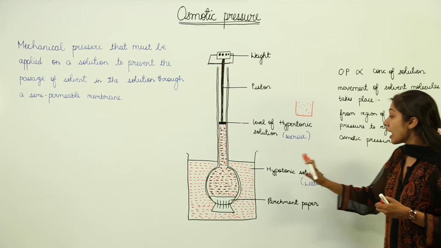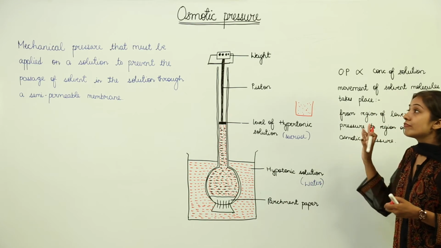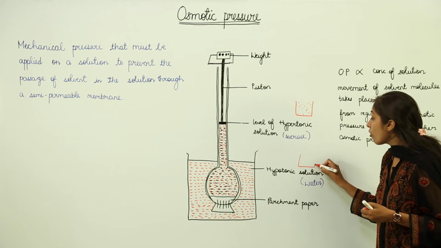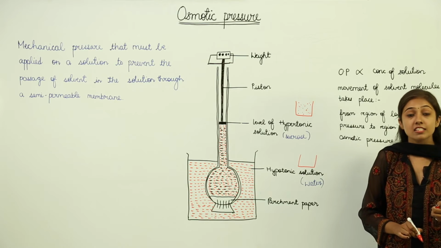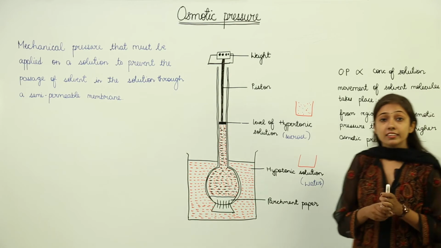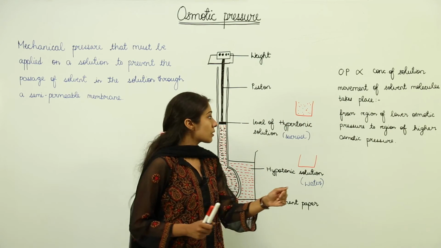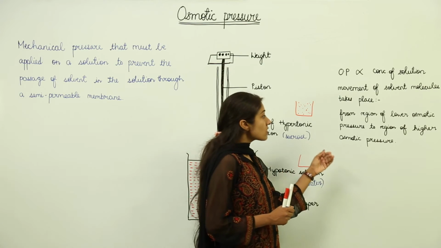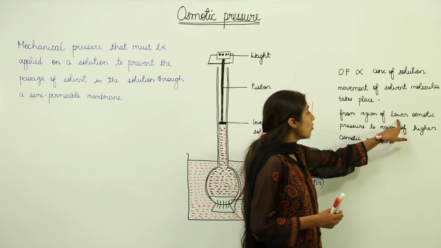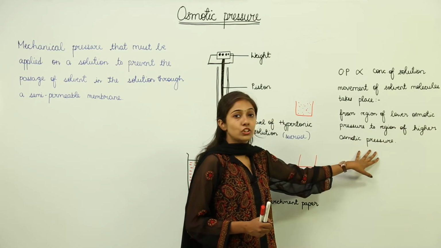Then a hypotonic solution is the solution which has lower osmotic pressure and it is more dilute. It is a dilute solution. So, as a whole, if we define osmosis in terms of osmotic pressure, then we are saying that osmosis is the movement of water from the region of lower osmotic pressure to a region of higher osmotic pressure. How?